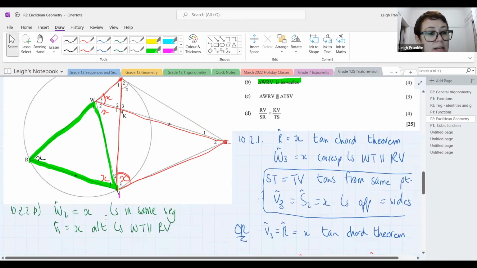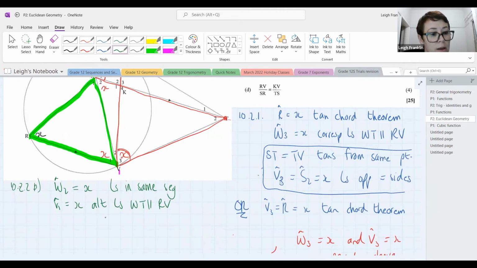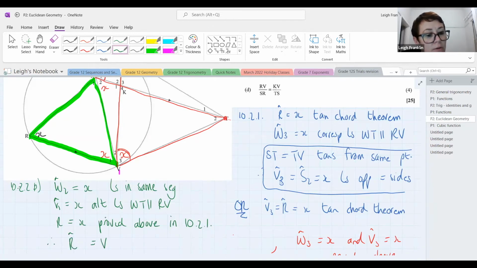So now we've got angle R is equal to X because we have proved this above in 10.2.1. Okay, so what's important here is that angle R equals angle V1, like Tisha said.